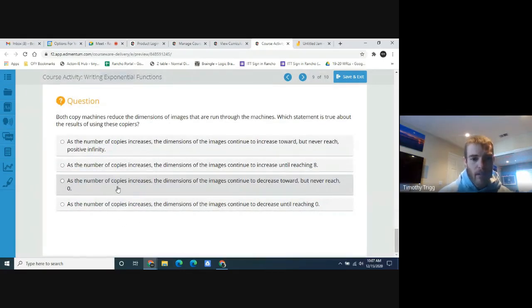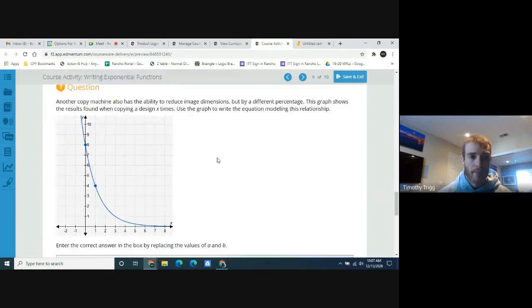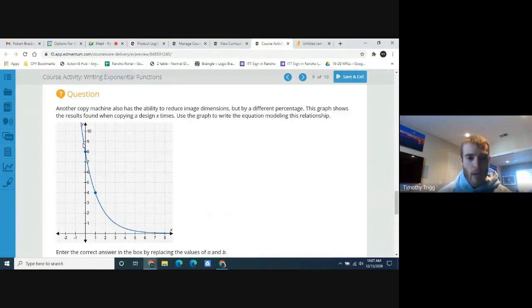As the number of copies increases, the dimensions of the images continue to decrease toward, but never reach, 0. I would say that sounds right. As you go along this, notice we're decreasing. So as X values go up, this graph is decreasing and it's approaching 0.